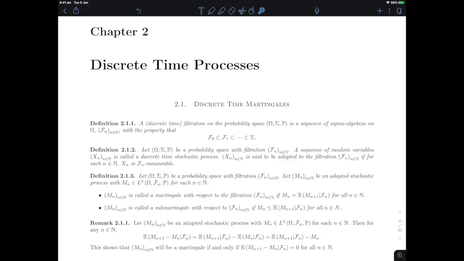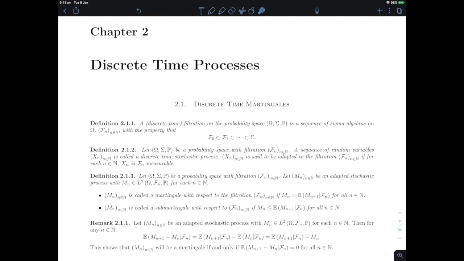As time passes, we have different sigma algebras to represent the different levels of information, and we're always measurable with respect to the level of information at the time we are considering. So Xn is Fn measurable. Now obviously it's going to be Fn plus 1, Fn plus 2 measurable, but it may not be Fn minus 1 measurable. It may not be measurable if you had fewer bits of information.